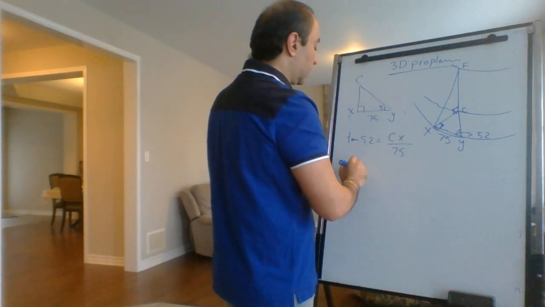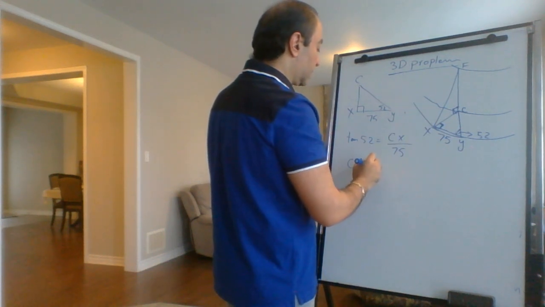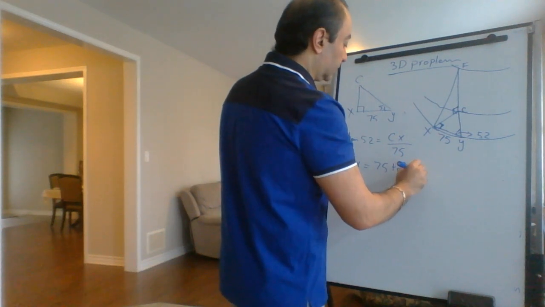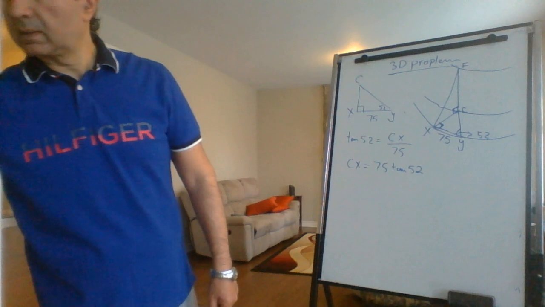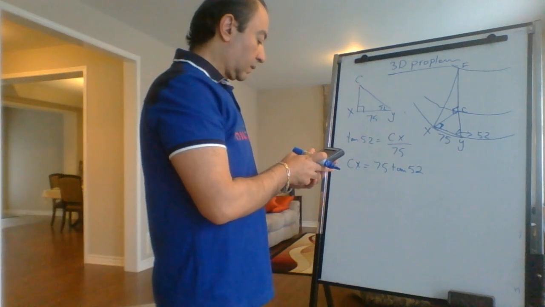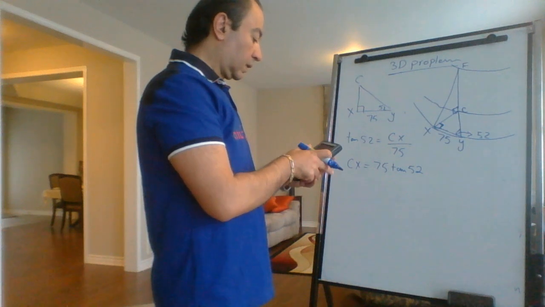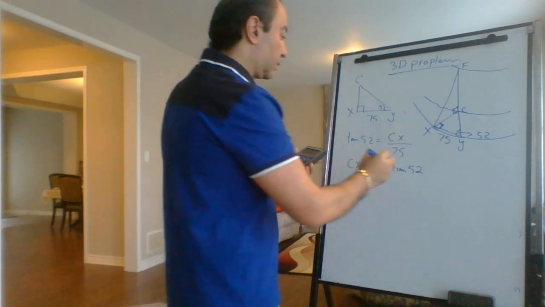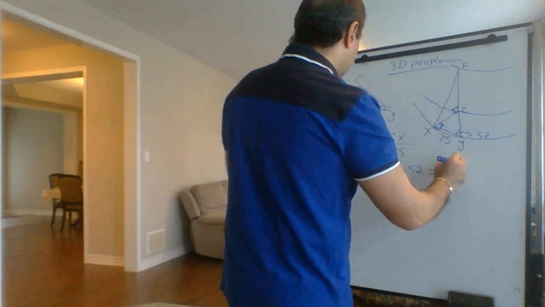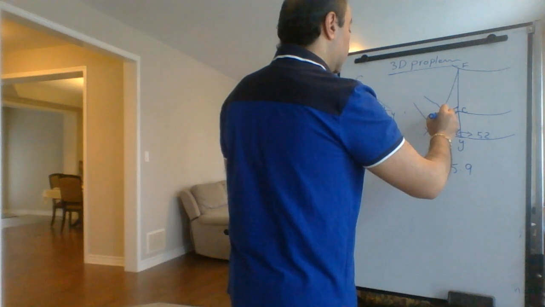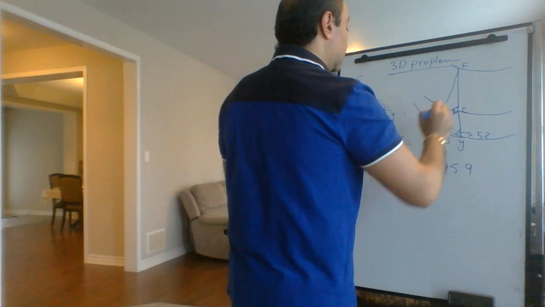So the measurement of CX is 75 tan 52. I can get that using the calculator. 75 tan 52, enter. So this is 95.9. So I can say this is 96.